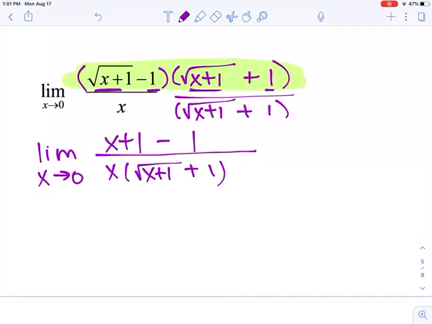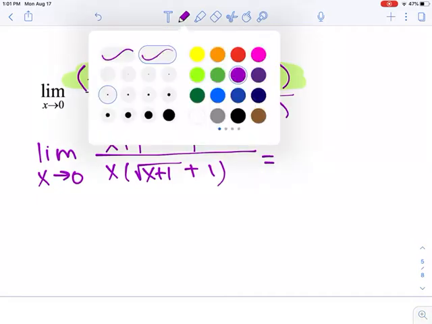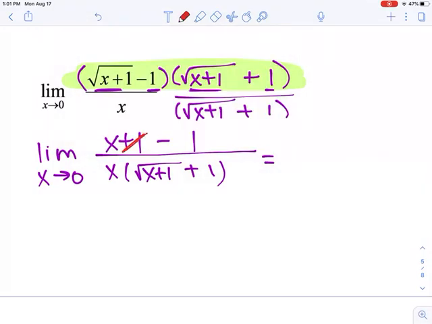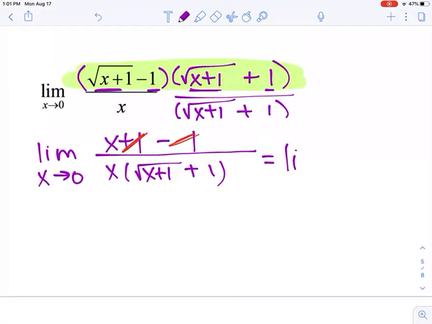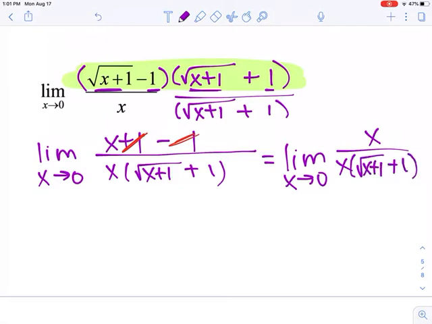Well, that's nice because we can take those ones and cancel them out. So we have the limit as x approaches 0 of x over x times radical x plus 1 plus 1. And now the x's can cancel.